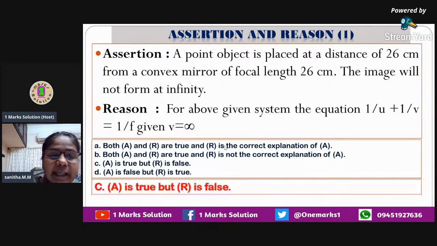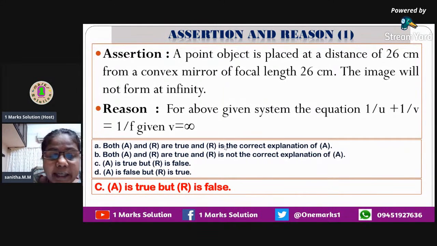So the reason is false and the assertion is true. But you can see why the assertion is true. We can say the image will not form at infinity. Absolutely correct. Actually, the image will form, not in the convex mirror, we can say will not form at infinity. So is it clear? Option A is both assertion and reason are true and R is the correct explanation.